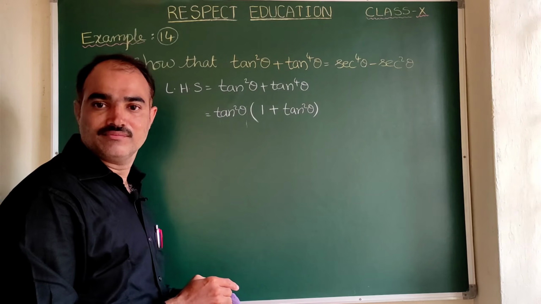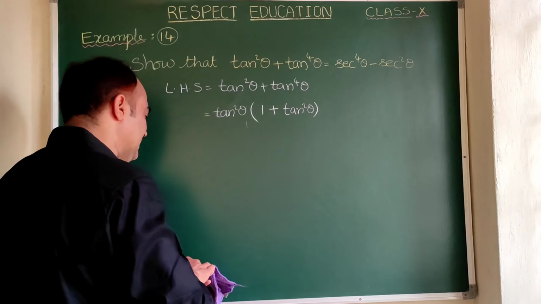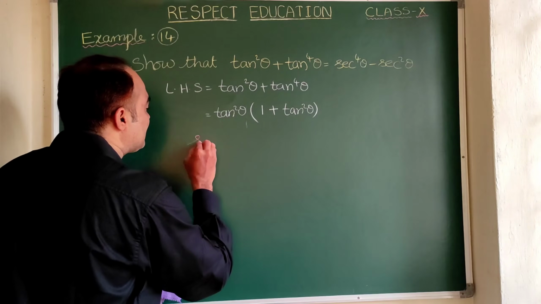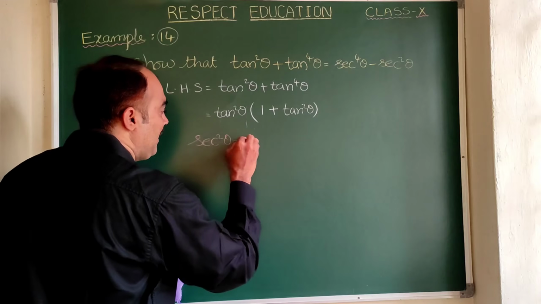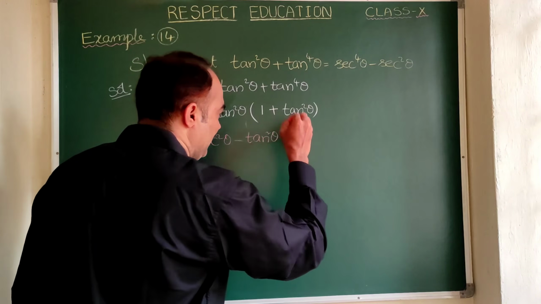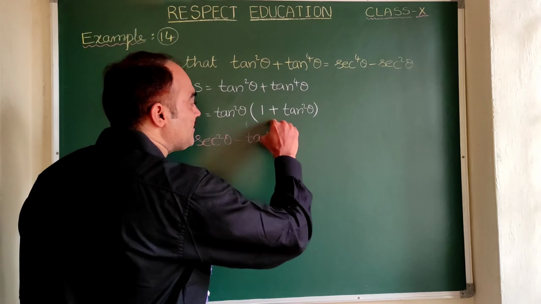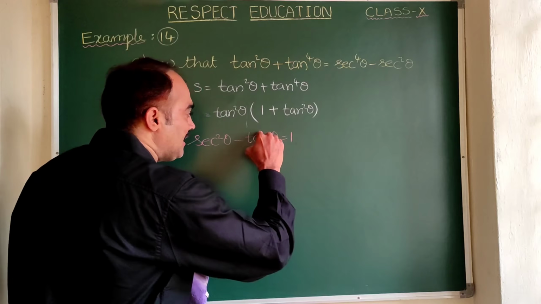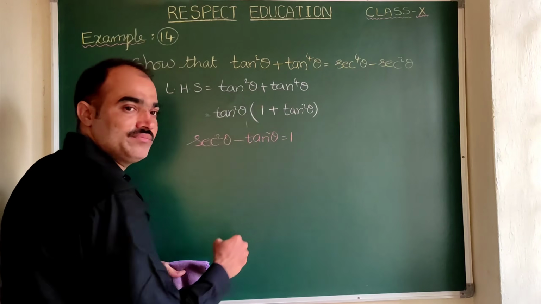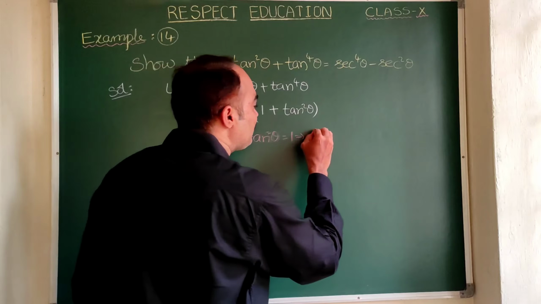Secant square theta minus tan square theta equals 1. Let us send minus tan square theta to the right side. Then secant square theta is left.